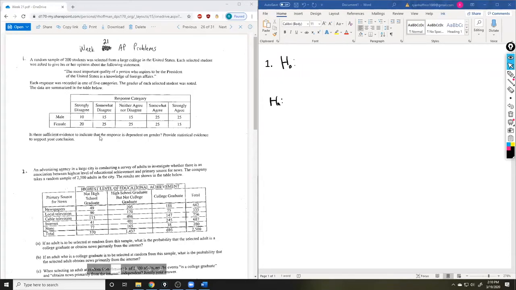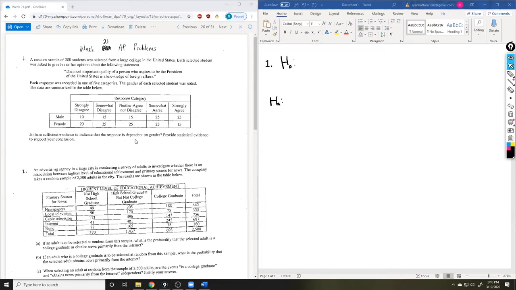So, sufficient evidence to indicate that the response is dependent on gender. The fact that we're using the word dependent probably gives you a clue that we're talking about independence. But another way you can tell is, are we just looking at one sample, or are we splitting the sample up in some way?